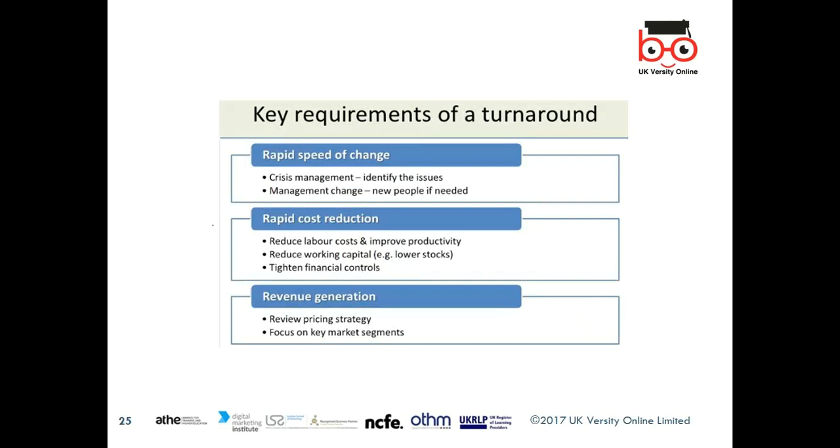The key requirements of turnaround are rapid speed of change, rapid cost reduction, and revenue generation. If that's not happening, what's the purpose of the change? Do you just want to change the chair? A lot of companies change their logos to reflect that they are a new company.